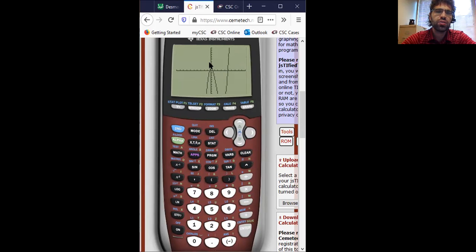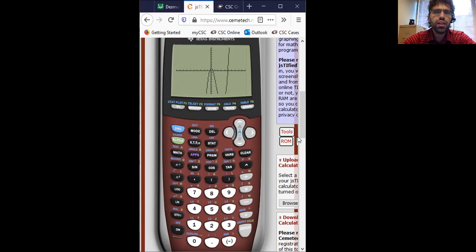Remember that a local extrema occurs when either we stop increasing and start decreasing, or stop decreasing and start increasing. So we can see a local maximum here. We're increasing, then we're decreasing.